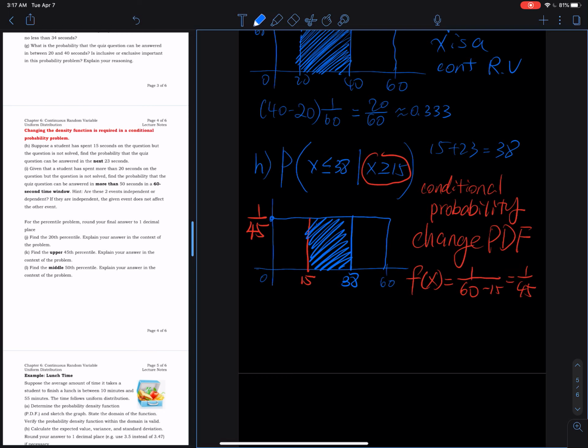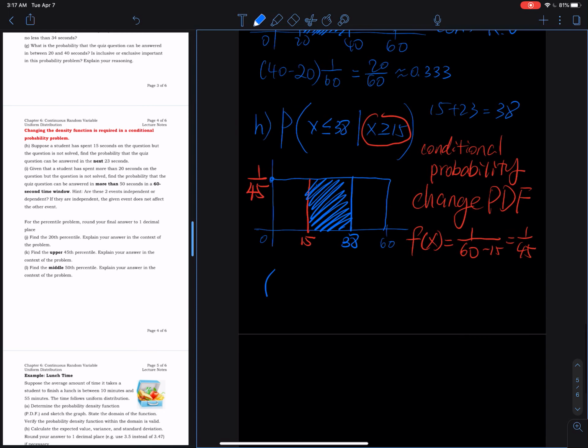Once you get the area, the problem is pretty much done. You are looking for the area of this region, which is the base times the height. So that equals 23 divided by 45. That is around 0.51.